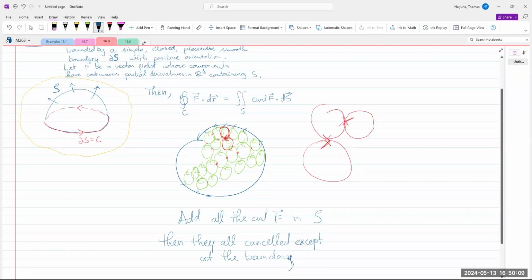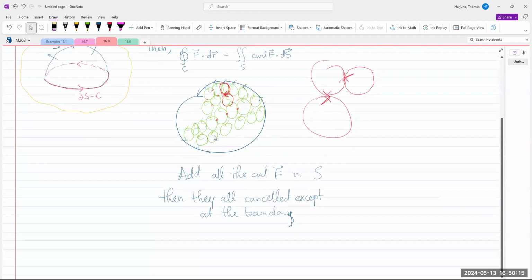So when you add the curl over the oriented surface S, in the interior all the curl cancel each other, and we are left only with the sum of that vector field at the boundaries.